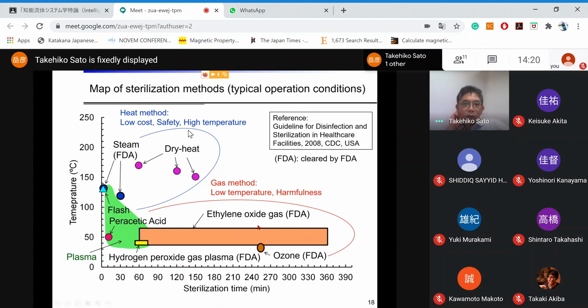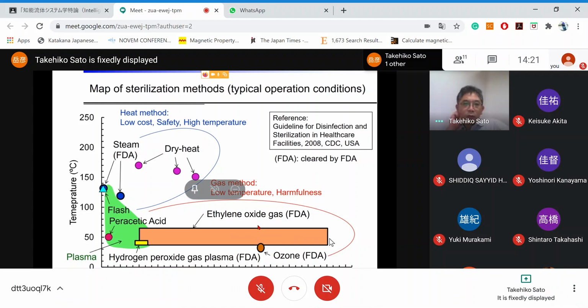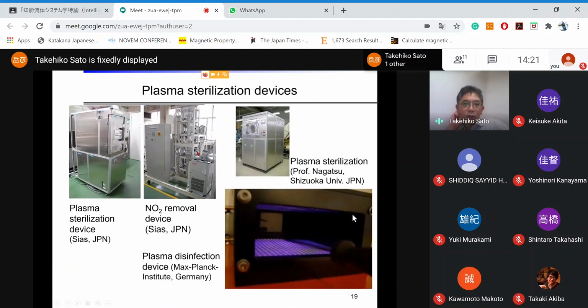Okay. Well, but they need to remove it. So the removal system is bigger than the sterilization device.